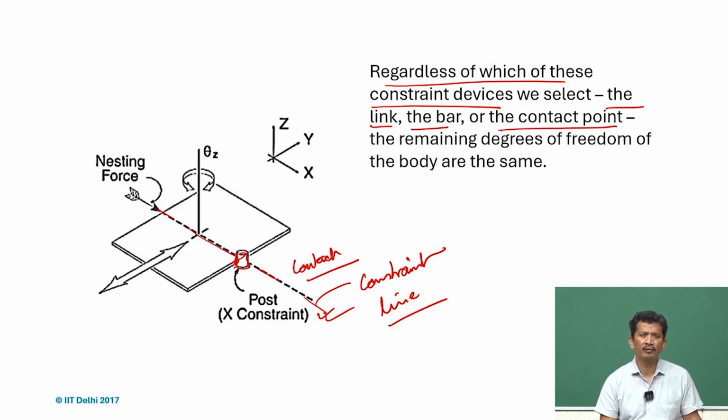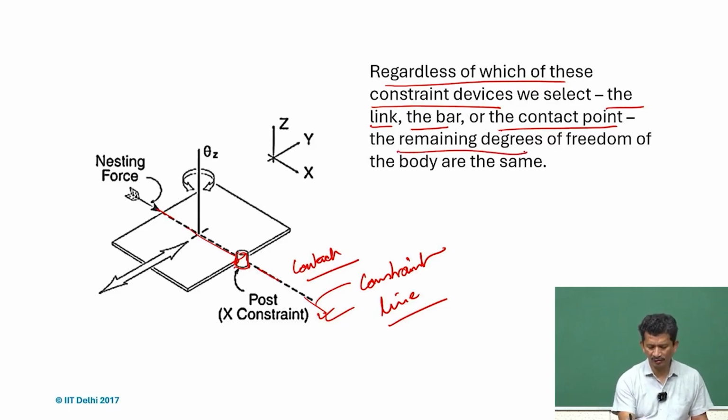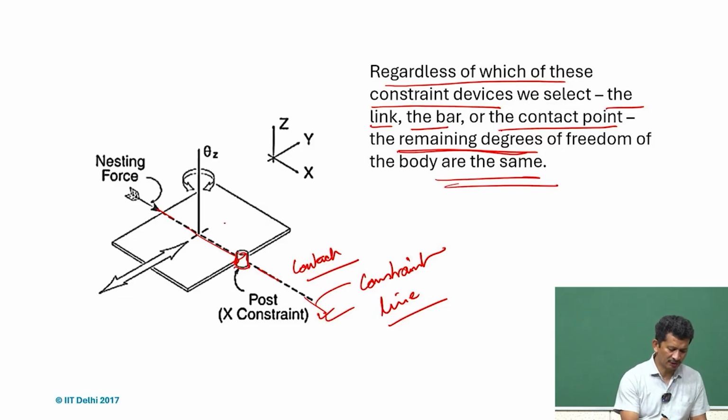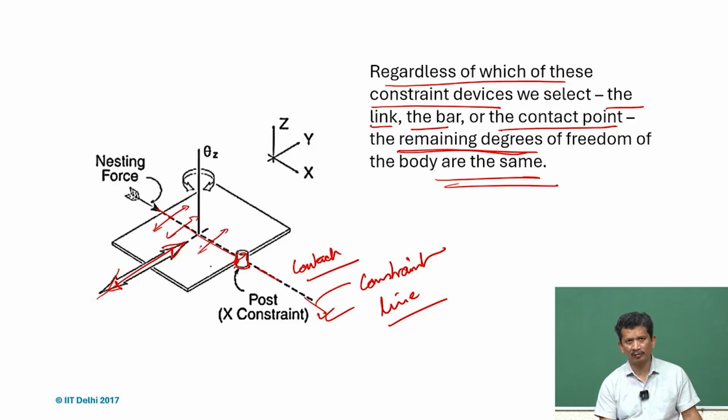Regardless of whatever means we use, the remaining degrees of freedom are the same, they are not going to change. So, in this case, for instance, any point on the line can move perpendicular to the constraint line, right.